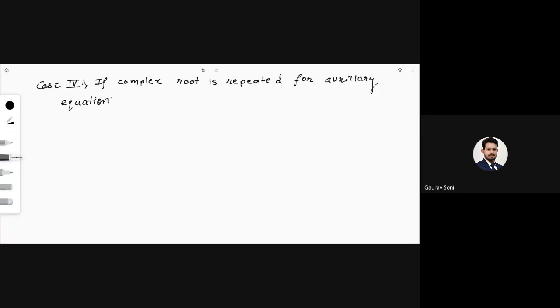Say m1, the first root, is alpha plus i beta. With this, you will also have the second root alpha minus i beta, as we have seen, complex roots always appear in pairs.